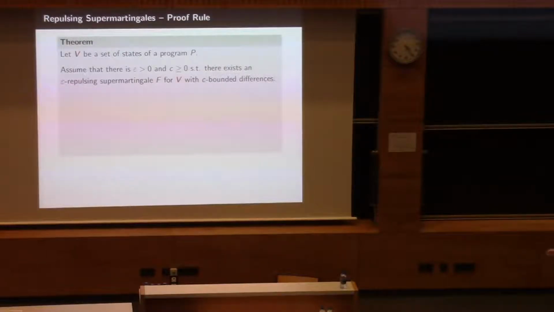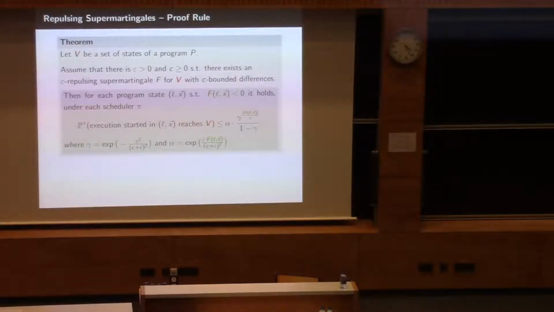To be more concrete, the proof rule is as follows. Suppose that we have some program, and in this program some set of states V that we want to avoid. And furthermore, assume that for this set V there exists a repulsing supermartingale with C-bounded differences, which decreases by some epsilon on average.